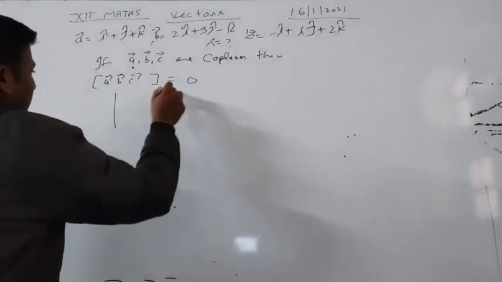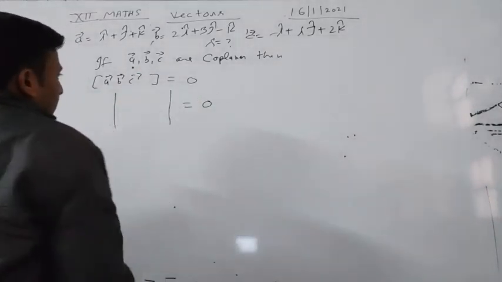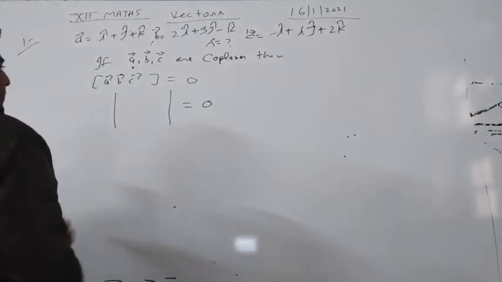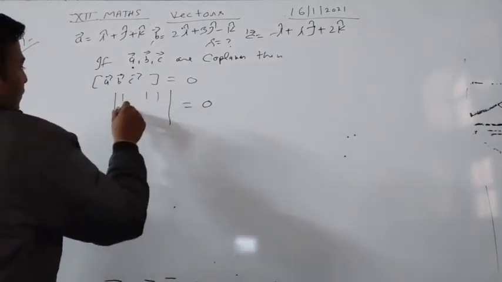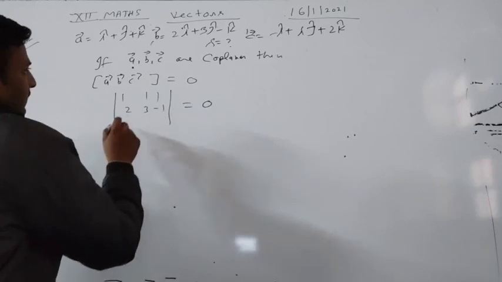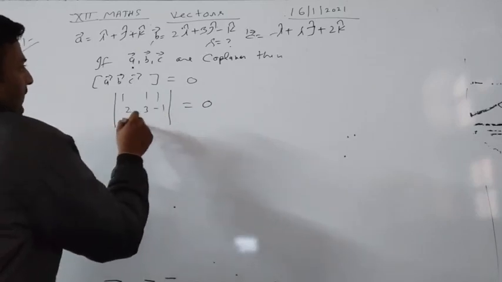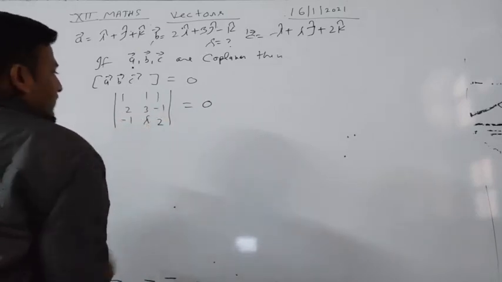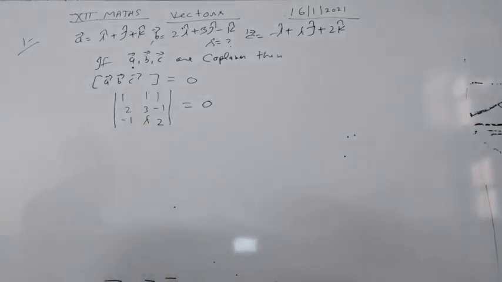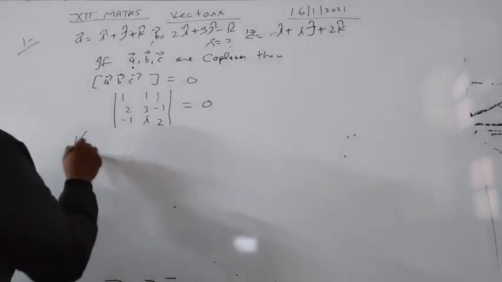How do we solve it? We use the method of determinant and we write 1, 1, 1, 2, 3, minus 1, and minus 1, lambda, 2. This is equal to 0. Now we take 1.